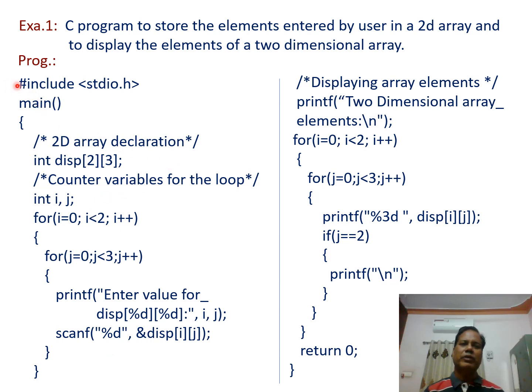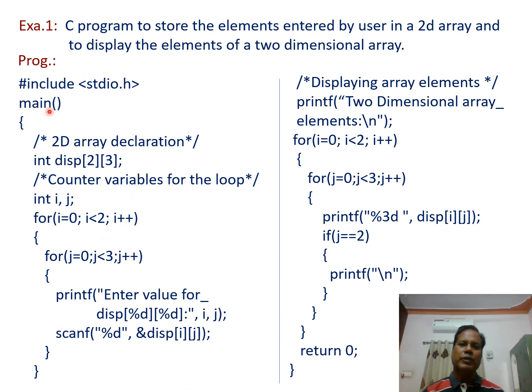We are familiar with the #include. Within the less than and greater than signs, stdio.h is written. That includes the standard input output .h file containing the library functions that we use in our program.